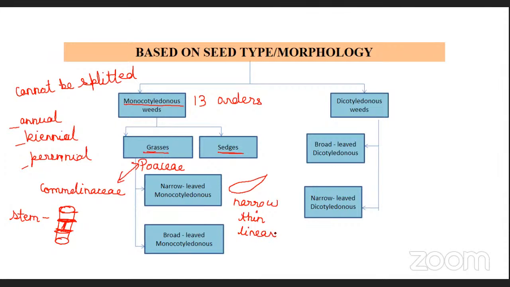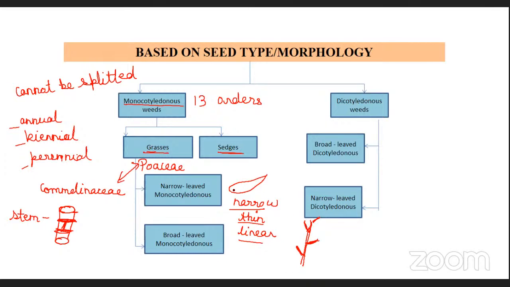Many other characteristics are also there, but we have to focus on this: they are narrow, thin, and linear, and they usually appear alternately. This means that if one node has one leaf, the other node has one differently, so two rows of leaves are there. The arrangement is alternate.